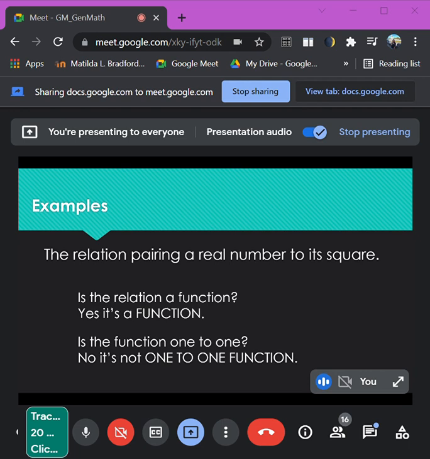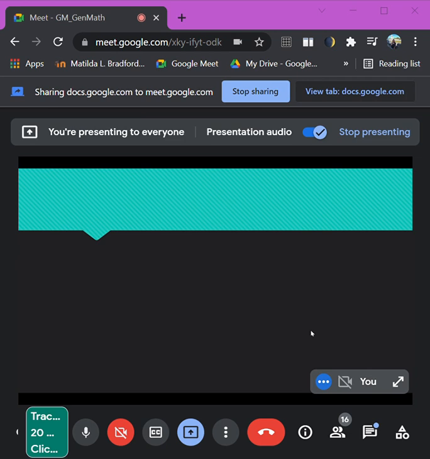Negative 2 squared, that is 4. And then you have there 2 squared or 2 times 2, or 2 squared, negative 2, that is 4 gihapon. So it could be duha iyahang possible answers. So manang dili siya pwede nga mahimong one-to-one function.